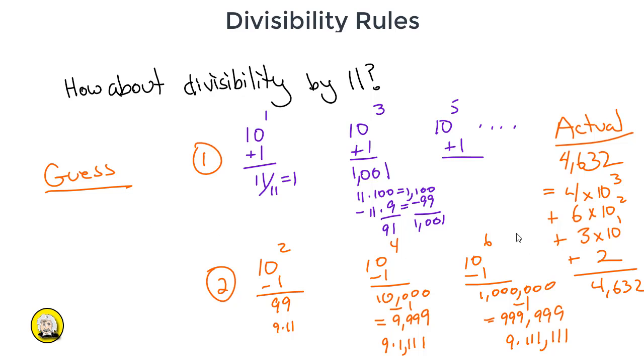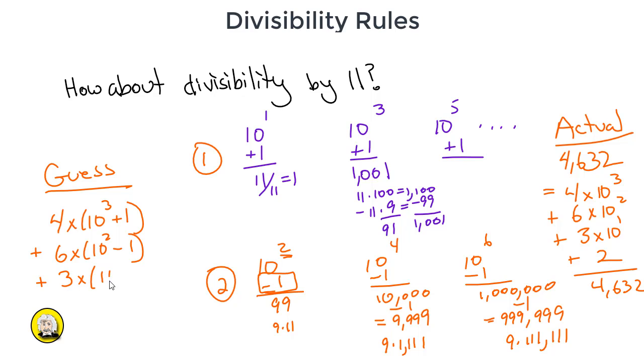I'm going to take the 4 times 10 to the third and make it 4 times 10 to the third, an odd exponent, plus 1, which I know must be divisible by 11, plus 6 times 10 squared, an even exponent, minus 1 in this case, will also be a number that's divisible by 11, plus 3 times 10 to the 1, and because it's an odd exponent again, I'm going to add 1 to it, and I know that's divisible by 11 as well.